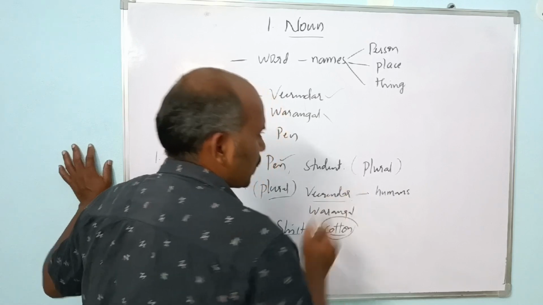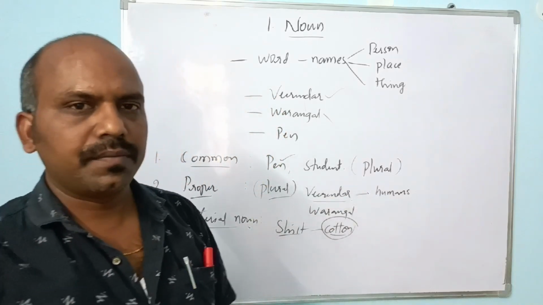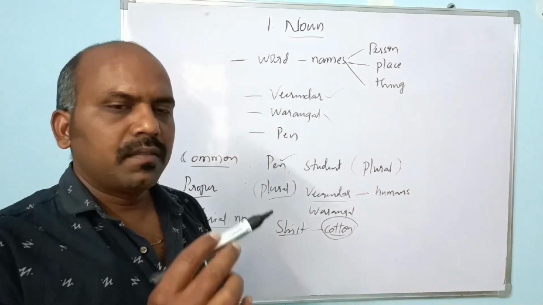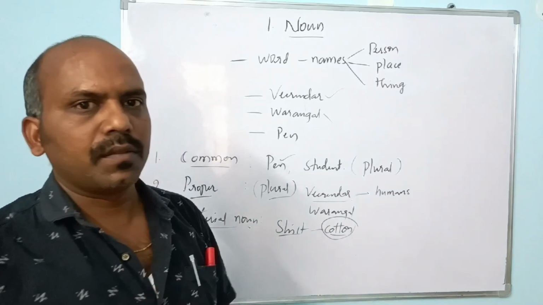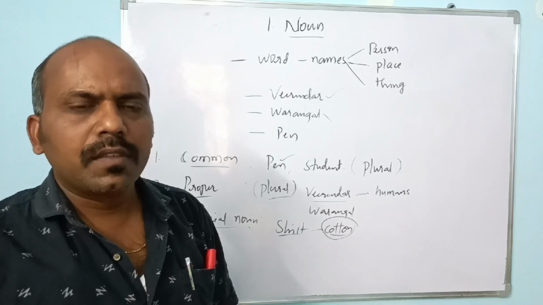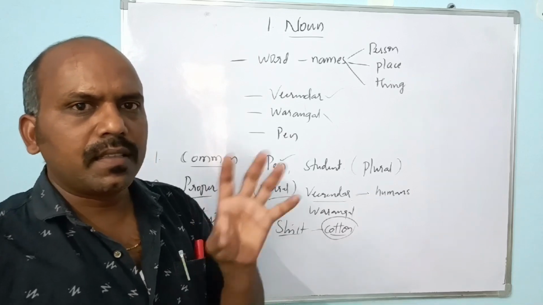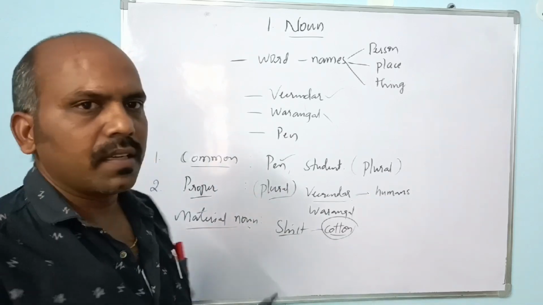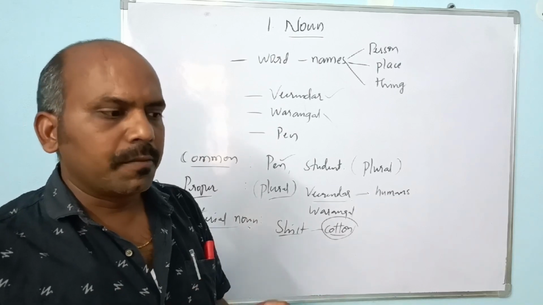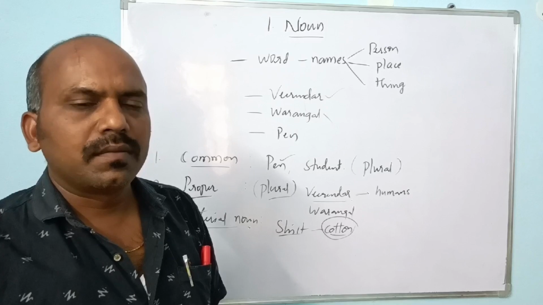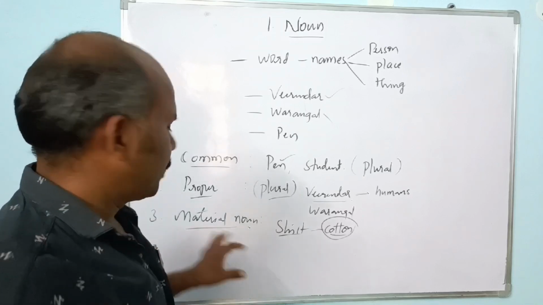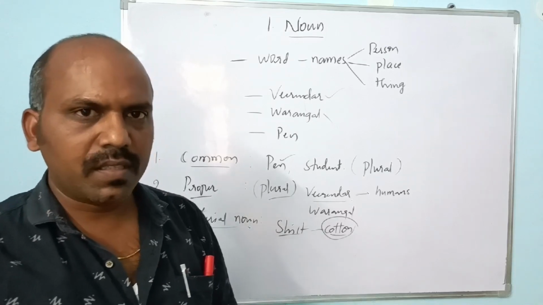So cotton comes under material noun. A pen is made of plastic. Plastic comes under material noun. So all the nouns which are the material something is made of come under material noun, such as gold, silver, copper. These all come under material nouns, right?